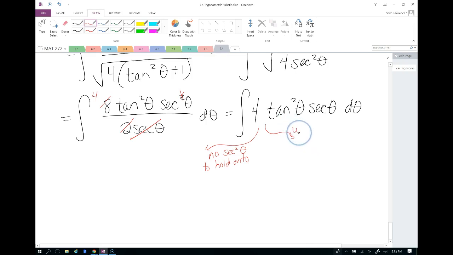If we hold on to a secant tangent, we're doing that because our ultimate goal is to do a u substitution for secant. So if I were to try to hold on to a secant and a tangent, what I would have left over from my original integral is just another tangent. And it is not possible for us to hold on to secant tangent and get everything else in the problem written in terms of secant.